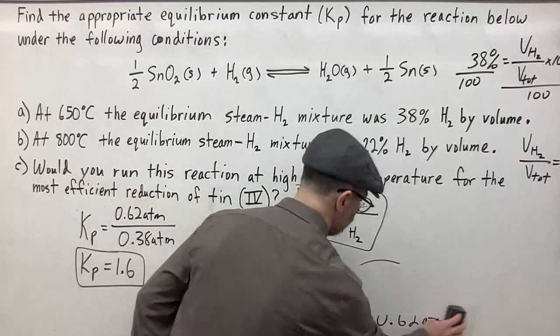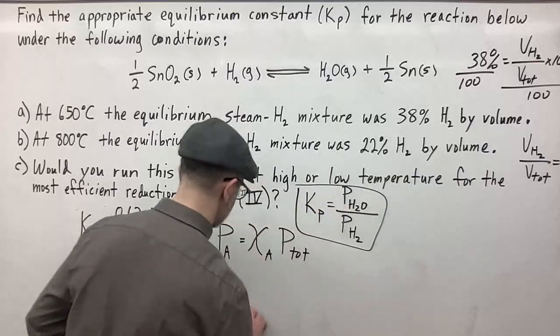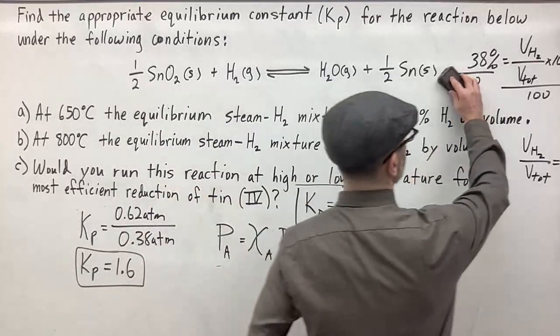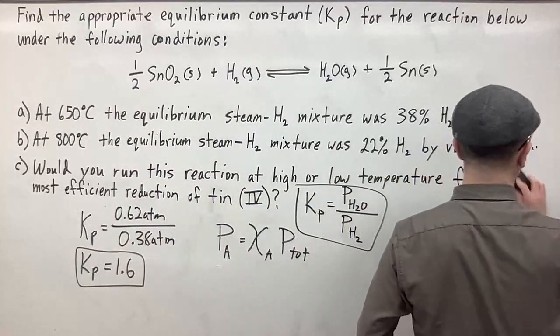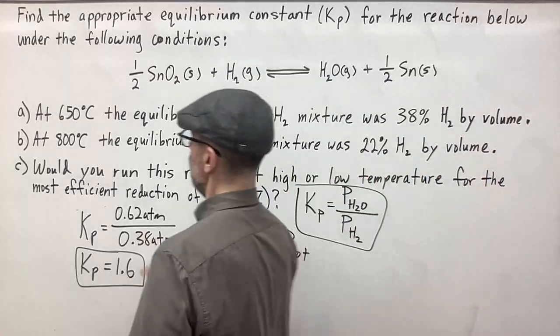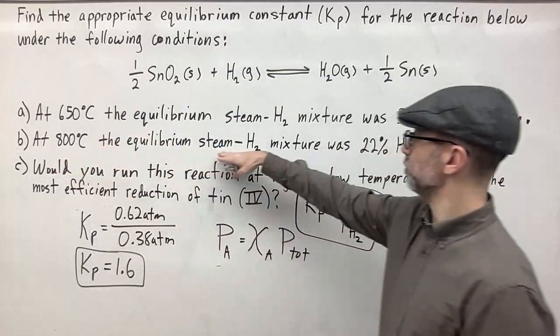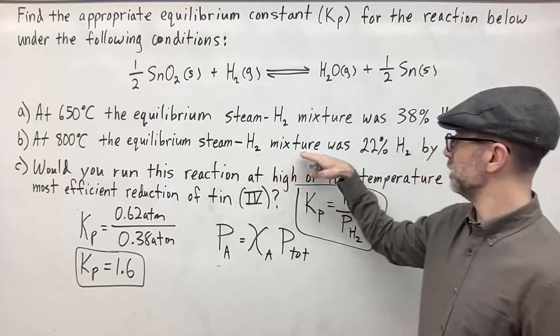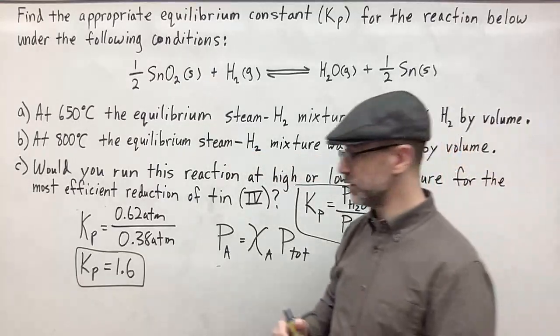Now we can do the other conditions, right? So here, we're at 800 degrees. Now the equilibrium steam hydrogen mixture was at 22% hydrogen.